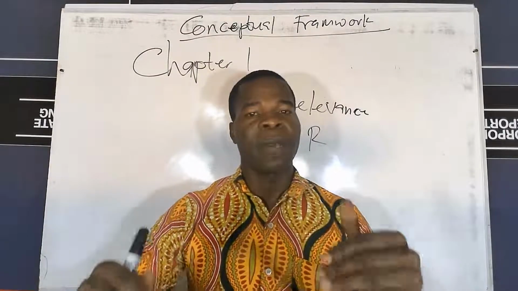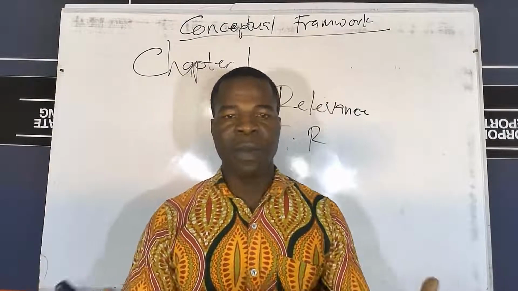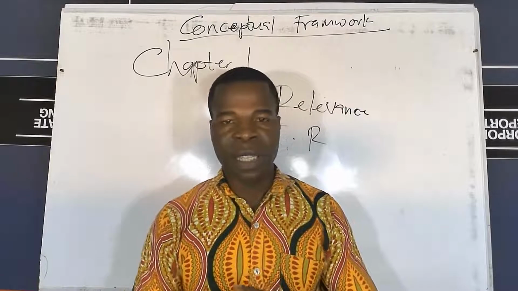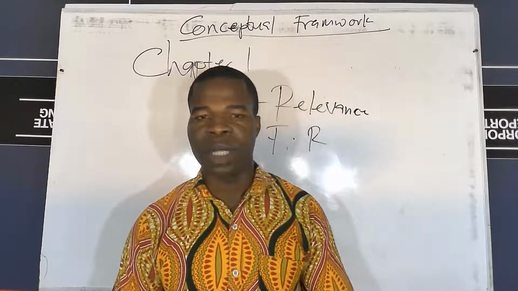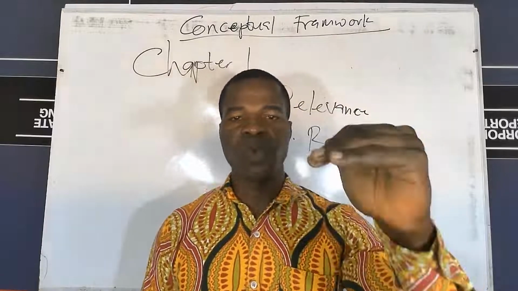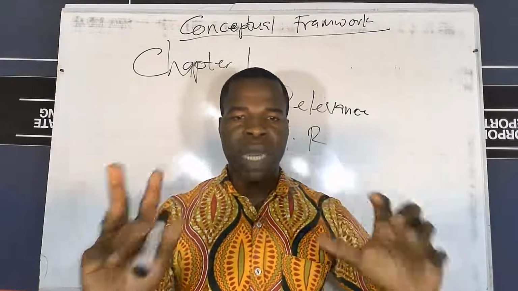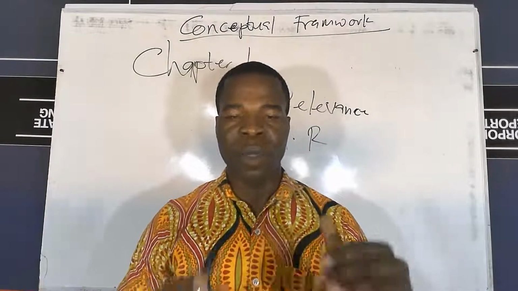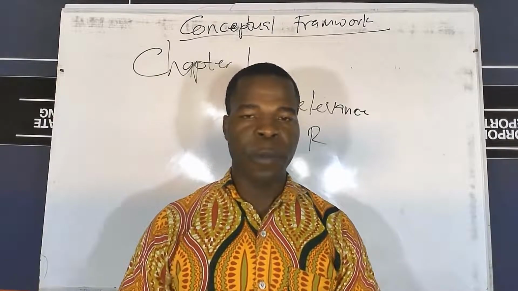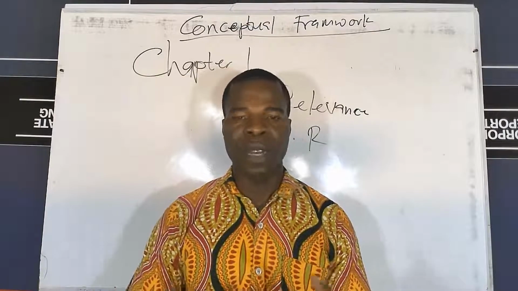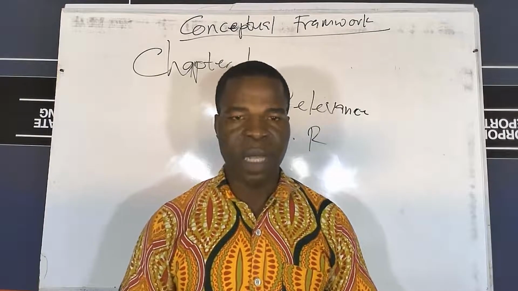And when we talk about faithful representation, we are basically looking at whether that financial statement is complete, neutral, and free from error. So these are the 2 fundamental qualitative characteristics of useful financial information: relevance and faithful representation.